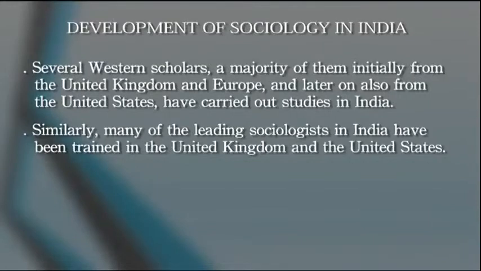So, that means what you are saying here is that during the time that we attained independence, that means 1947, as far as the development of sociology in India is concerned, you have the departments of sociology and anthropology in Bombay, in Calcutta, in Lucknow, and all of these were, to begin with, started under the chairmanship of Western sociologists and anthropologists, and then the mantle was passed on to Indians, who had been trained abroad under the Western sociologists, right.